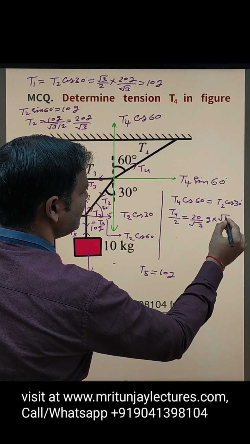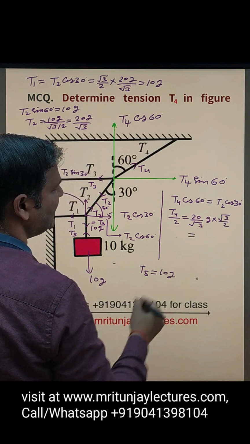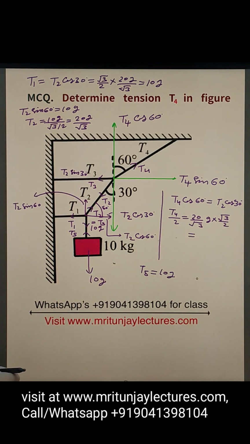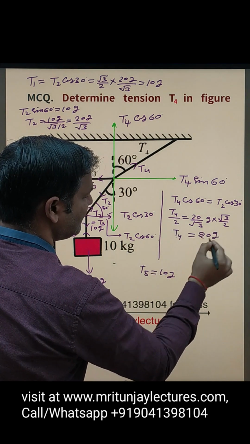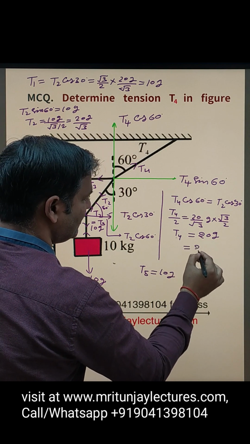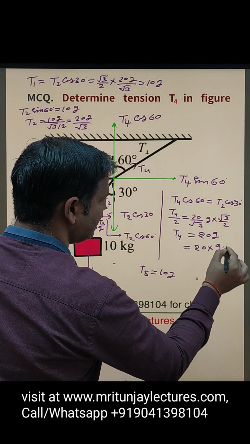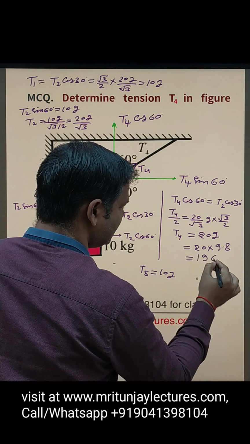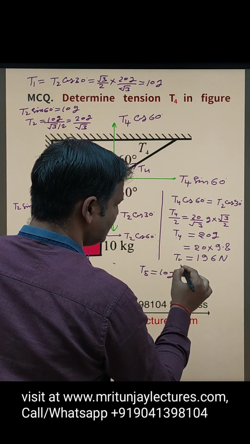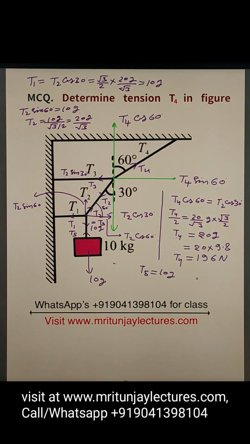Cos 30 is root 3 by 2. So that one is written 10g. So T4 is 20g. Okay, 20 into g, 9.8, that is how much? 196 Newton. So T4 is 196 Newton.